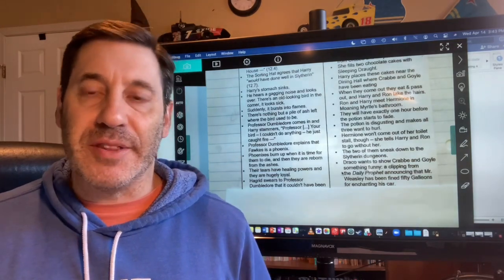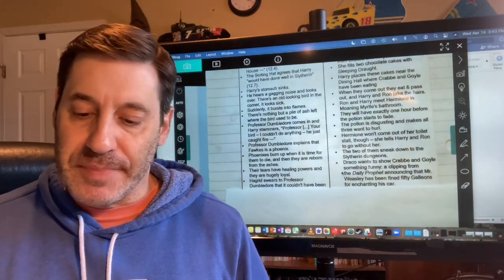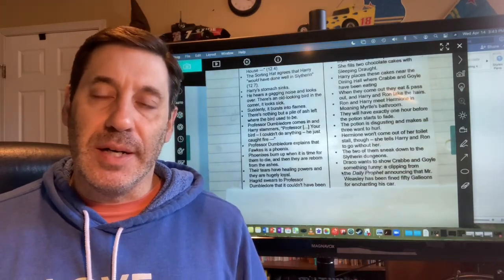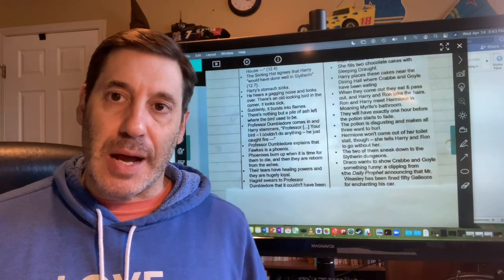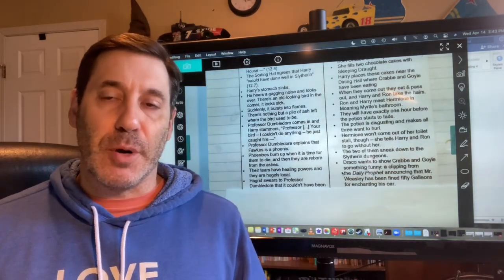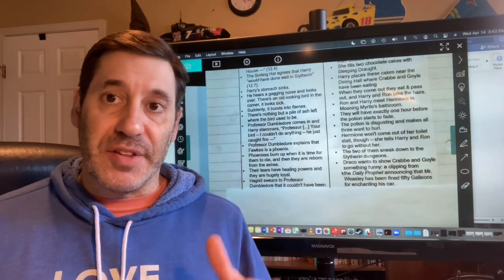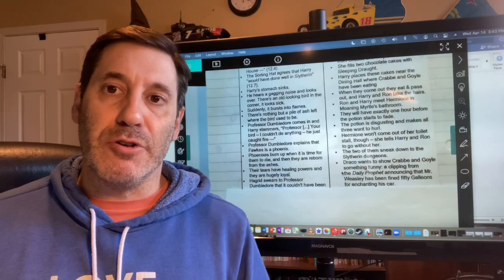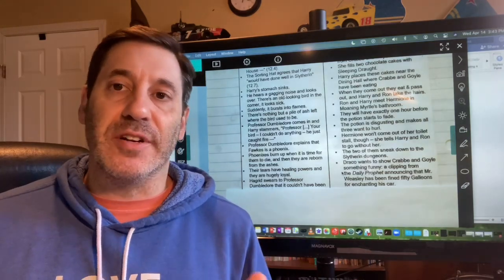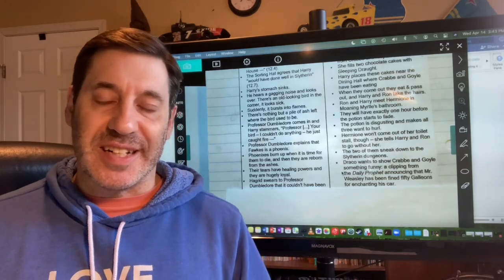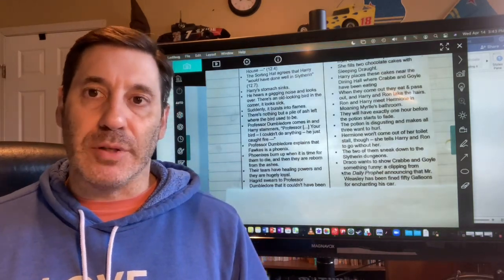When we start thinking about the main idea of this chapter, it's called the Polyjuice Potion, and that is the main idea of this chapter. The main idea of the chapter is this is the chapter where we get to see Harry, Ron, and Hermione take this Polyjuice Potion and all the events that lead up to them being able to take the potion, to them actually taking the potion, and now the information that they're finding out because they have taken the potion and they've been able to disguise themselves as Crabbe and Goyle.